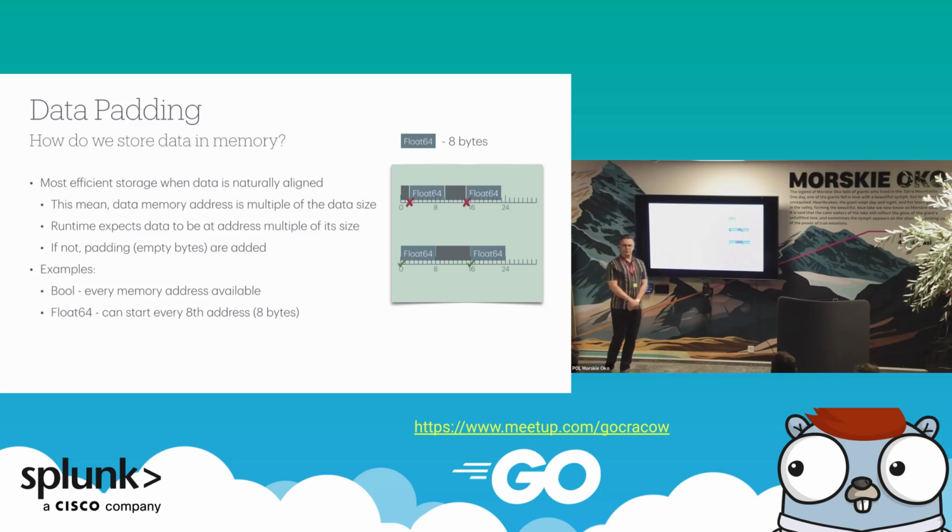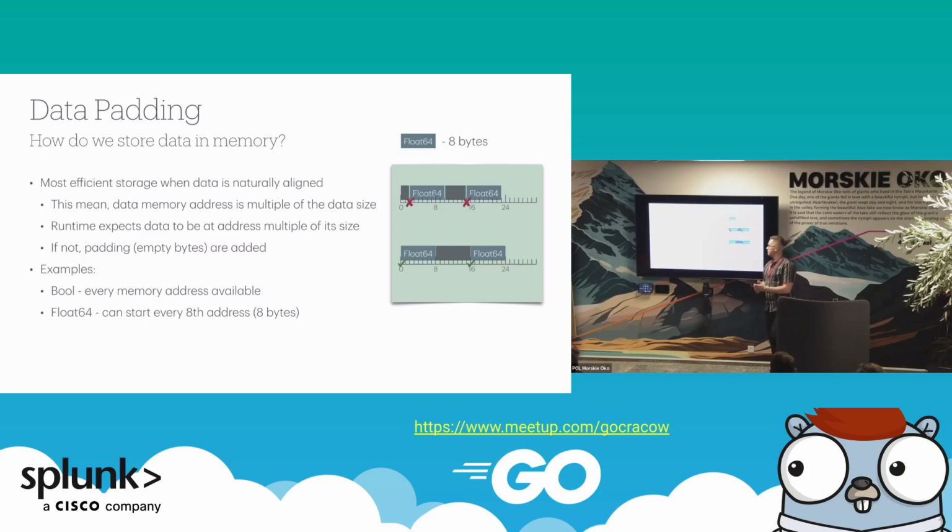Runtime expects the data to start at this point and searches only at this point. So if the next free memory address is not a multiple of the size of the data, there is a need for inserting data padding bytes. So empty bytes are inserted into memory.